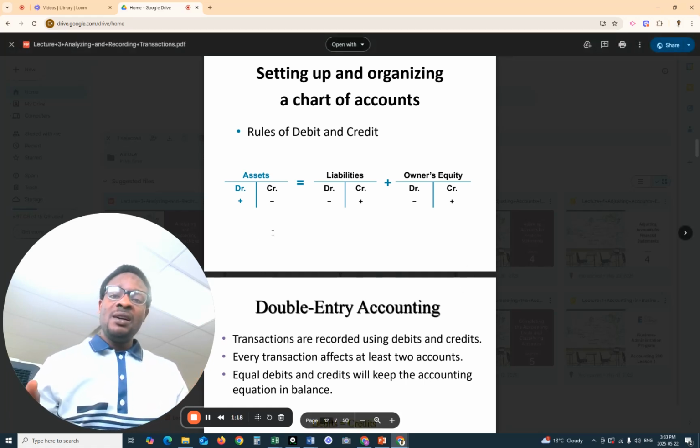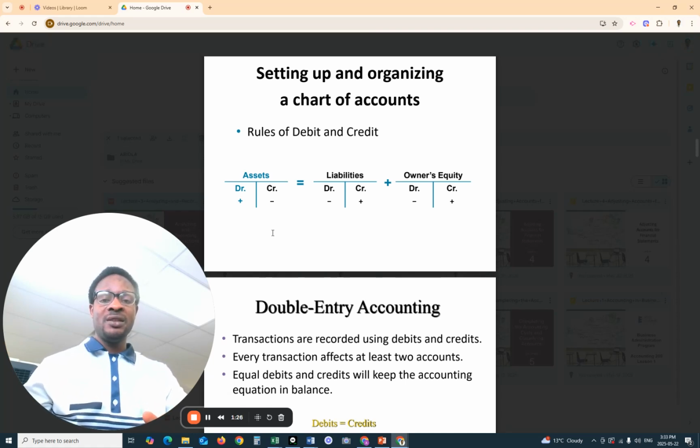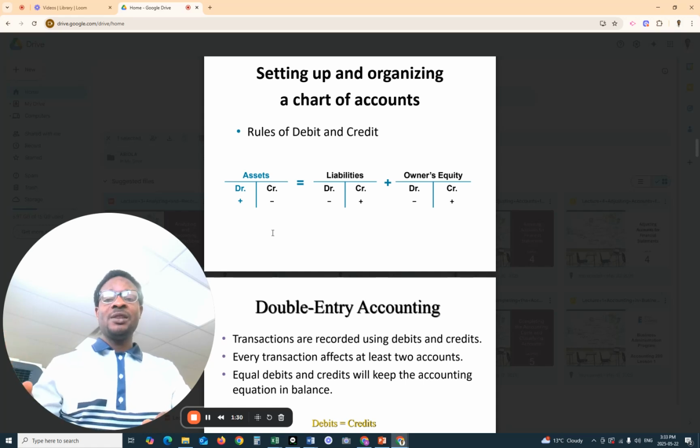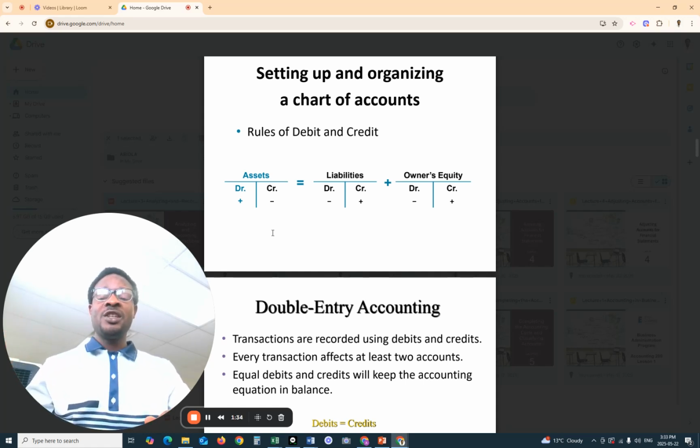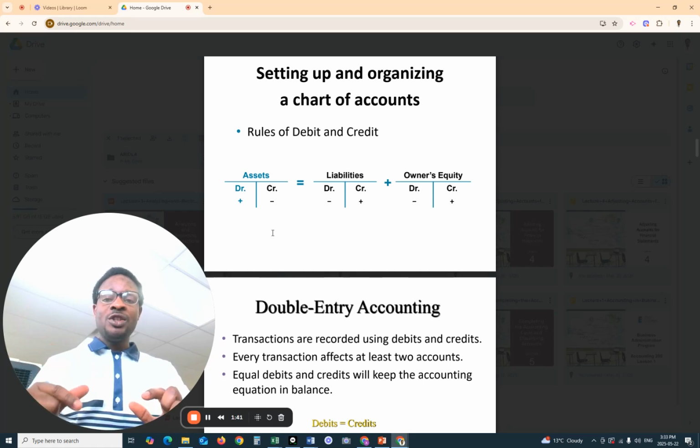So, backtracking to the accounting equation that was explained in the very last episode, you might check that for a full explanation. Now, the accounting equation is: assets equal capital plus liabilities.